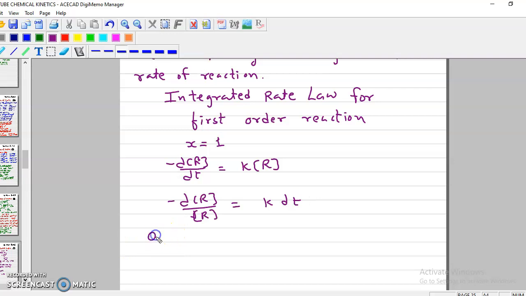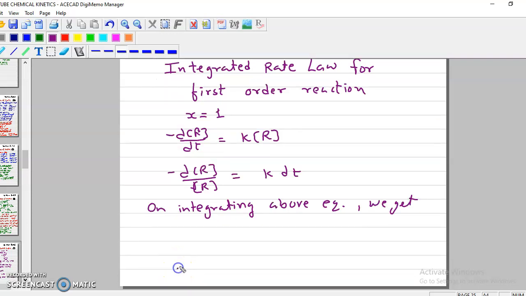Okay, on integrating this equation, we get ln R, integration of dR by R is ln R, the negative sign can be written on the right hand side, so minus kt plus C. This is equation 1, and C is known as the integration constant.